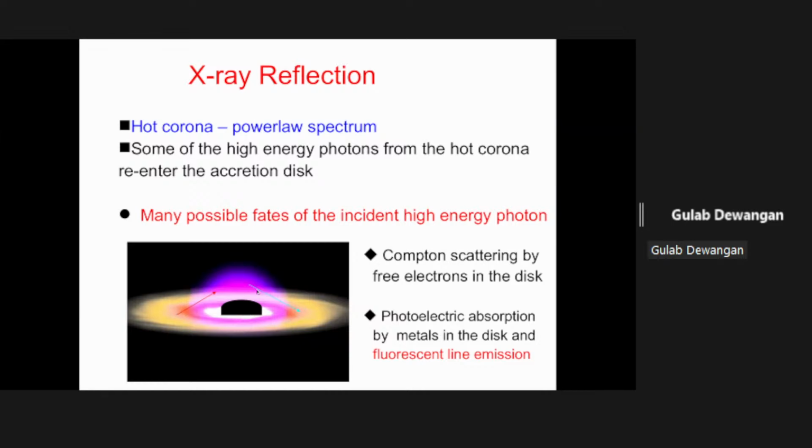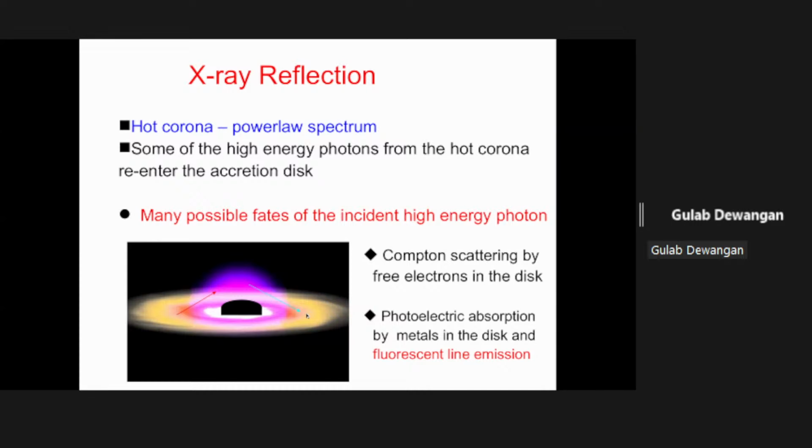Now there is an interaction of the accretion disk material and X-ray photons. Earlier, we had seen the interaction between optical UV photons from the disk and energetic electrons in the hot corona. Now we are considering the interaction of X-ray photons, high energy photons, with the disk material. The temperature of the disk is a few electron volts.